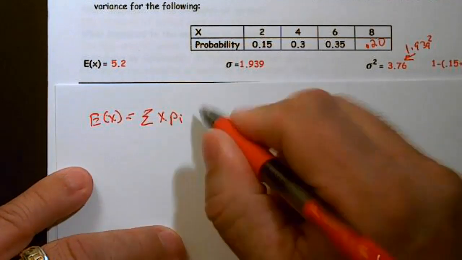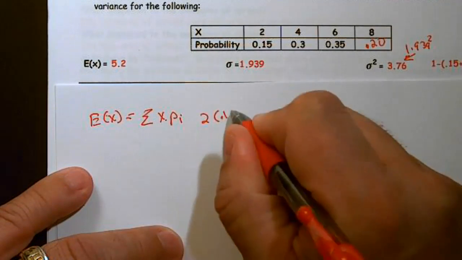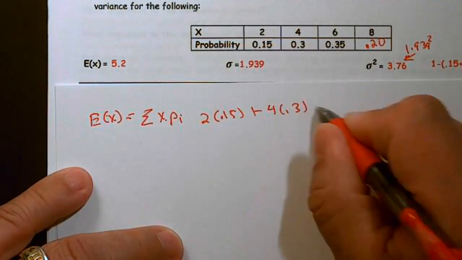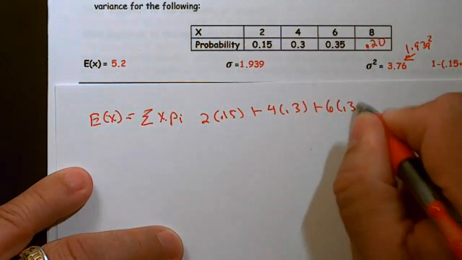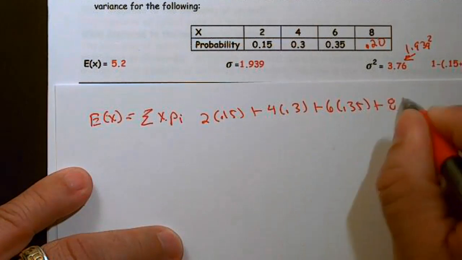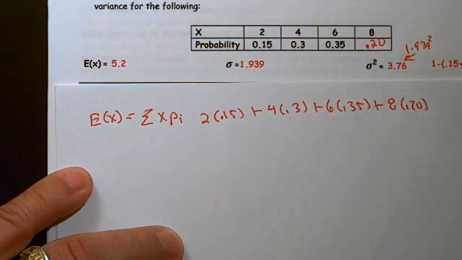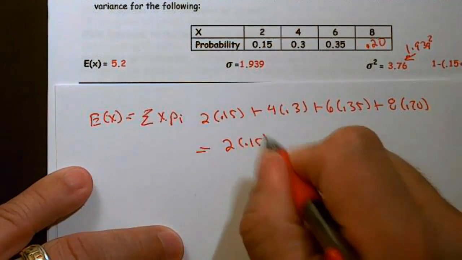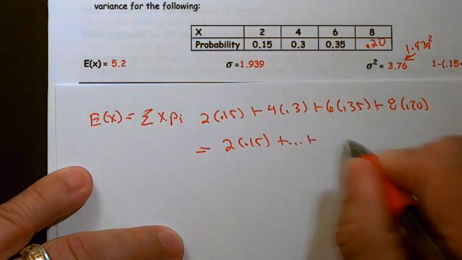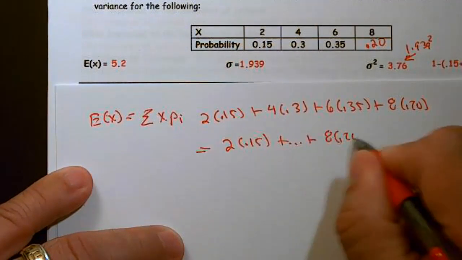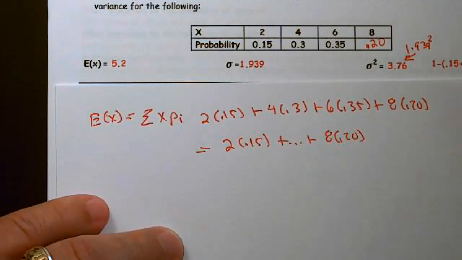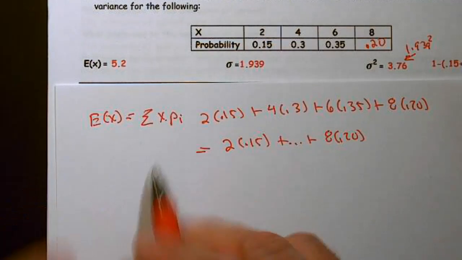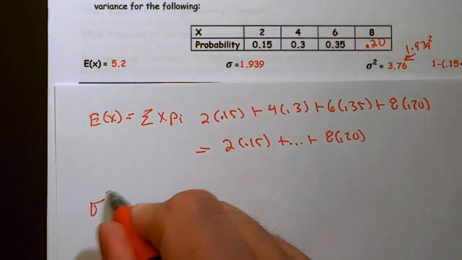So in this case, it's going to be 2 times 0.15 plus 4 times 0.3 plus 6 times 0.35 plus 8 times 0.20. Now, to abbreviate our work, we can just go 2 times 0.15 plus ... plus 8 times 0.20. All right, so that's our expected value.